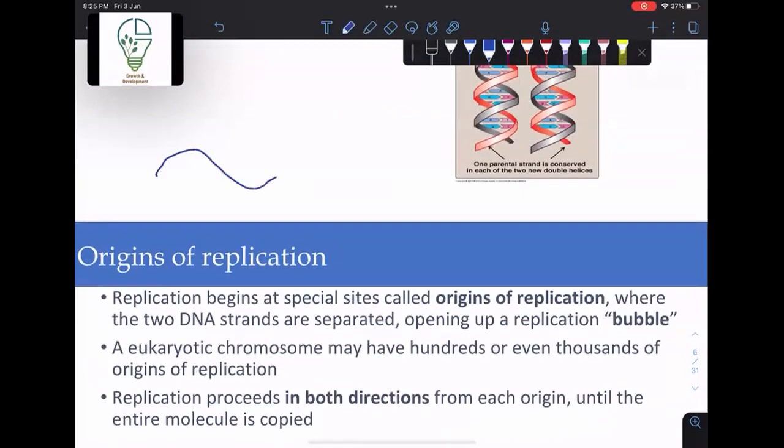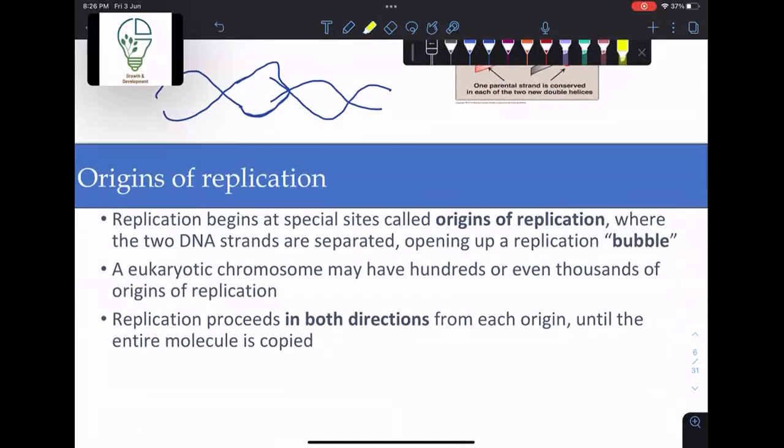Let's say this is the DNA molecule, and a particular area of this DNA is going to start opening up and become loose, and the two strands of the DNA molecule are going to start opening. When they start opening, this place is called the origin of replication.